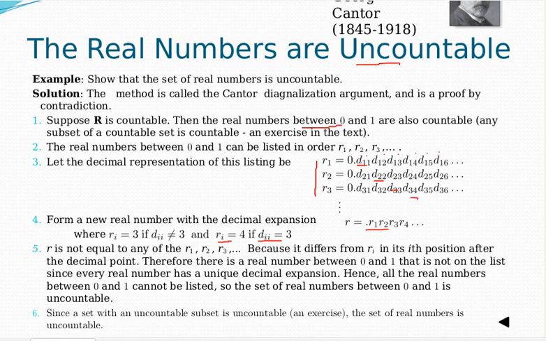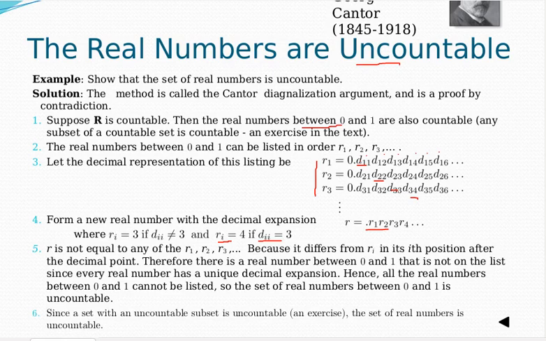So now the new number R is not equal to any of these, because if there was a 3 in there somewhere, it would have been flipped to 4, and if there isn't any 3, then it would be equal to 3.